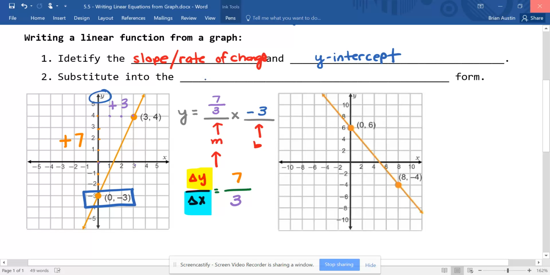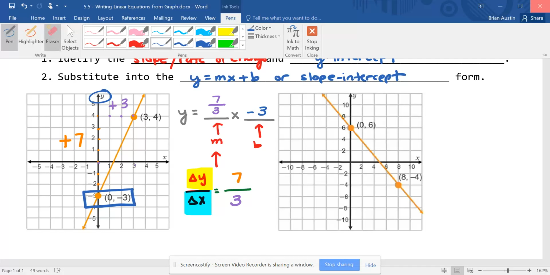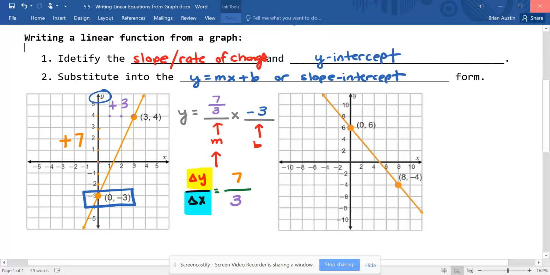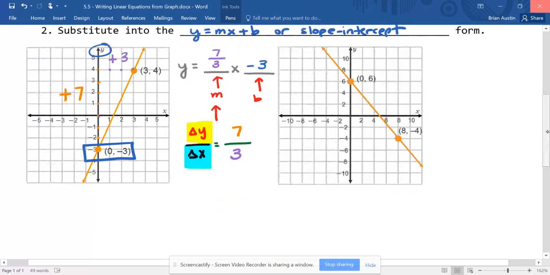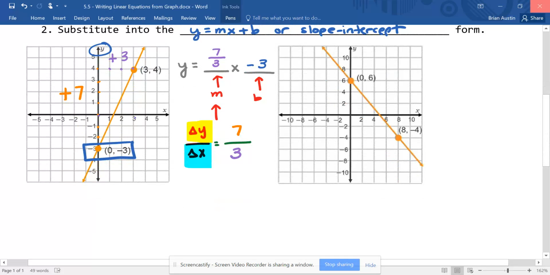What we do is substitute that into y equals mx plus b, or slope-intercept form, which we've already done. So there's our final answer. The equation that is derived from this linear function is y equals 7 over 3x minus 3.